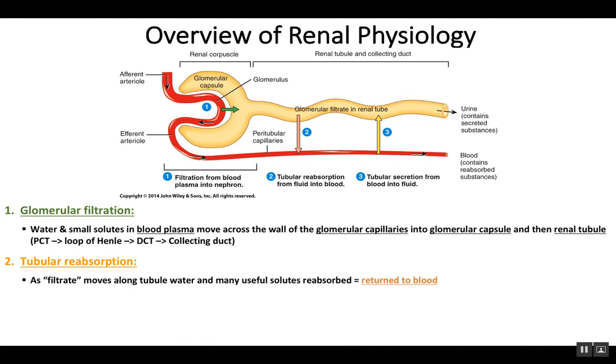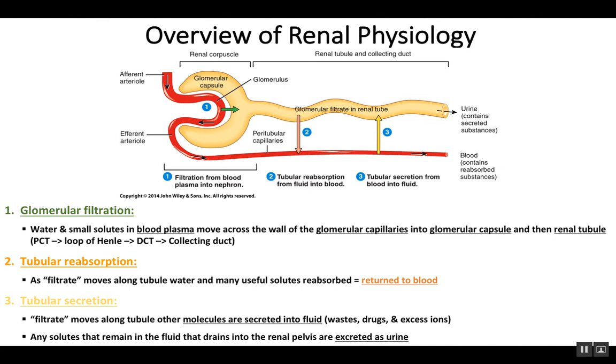Then there's another way to get rid of stuff. It's called secretion. It's similar to filtration in that you're moving things out of the blood into the nephron. The difference is it happens along the tubule. It doesn't happen at the corpuscle. There are transporters that can help us get rid of things that we didn't get out of the blood. Notice that this blood, after it leaves the glomerulus and enters the efferent arteriole, turns into the peritubular capillaries.